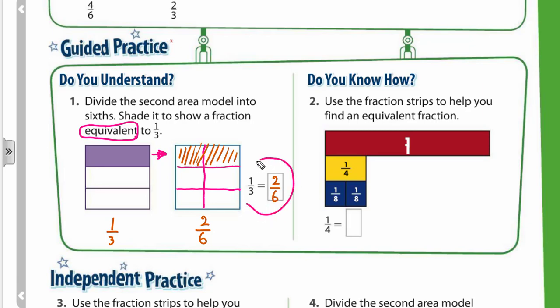As you can see here, 1/3 equals 2 sectors. So equivalent fractions represent the same area in area models. And let's see in the strips.